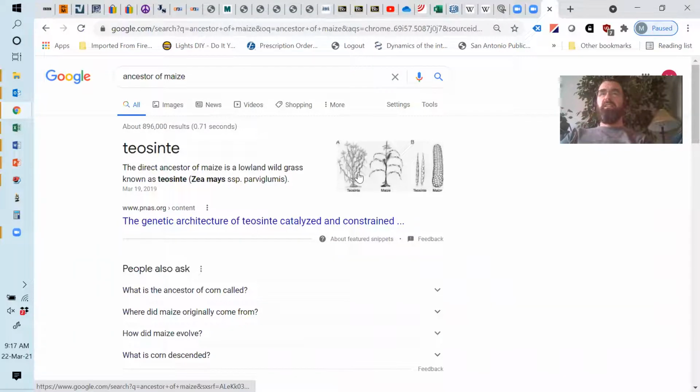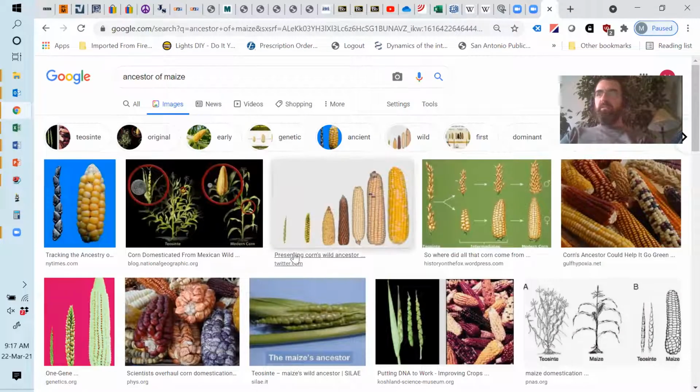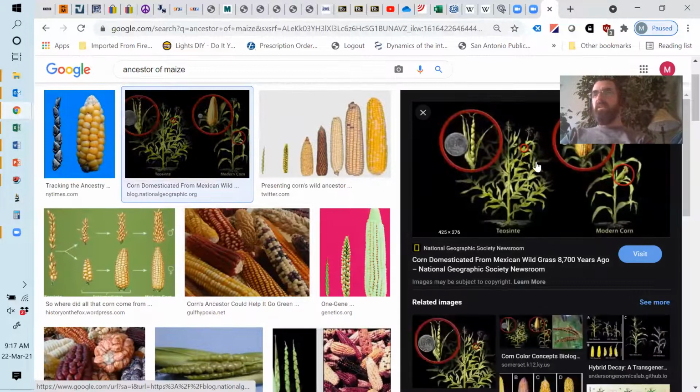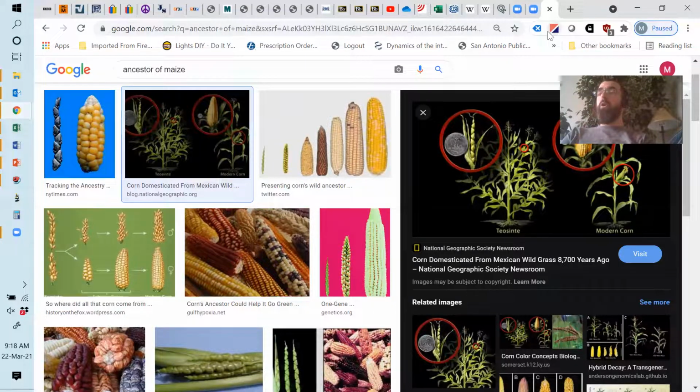So if you've seen this stuff, what does it look like? Here we go. Growing at the side of the road, which you will see particularly in southern Texas and obviously in Mexico as well. This is the ancestor of modern maize or corn, right? And it also arose through a series of genome duplications, so whole genomes just getting doubled through some mechanism that I don't fully understand.